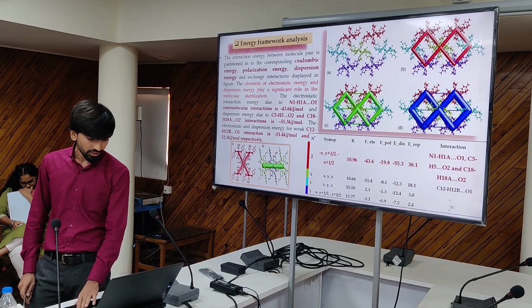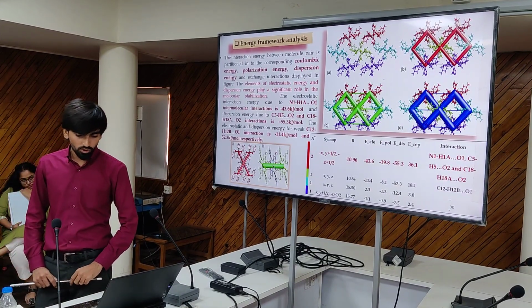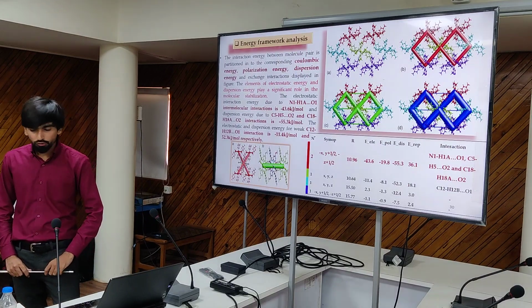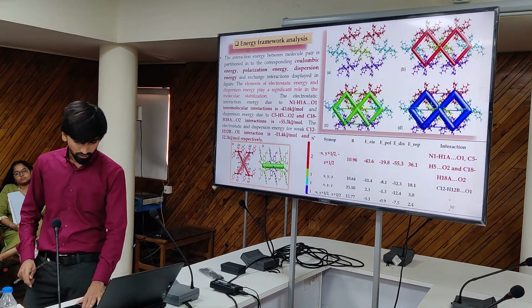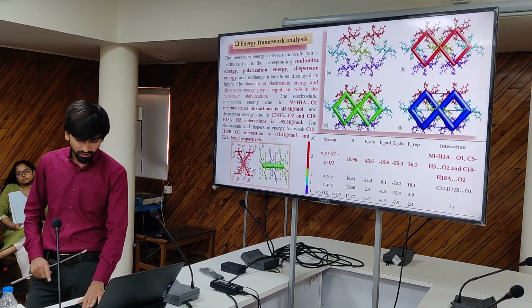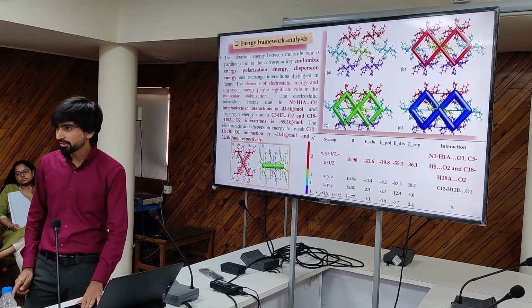After the energy framework analysis, the interactions NH···O, CH···O, and CH···O in the free ligand are the three interactions more responsible for the molecule stability.